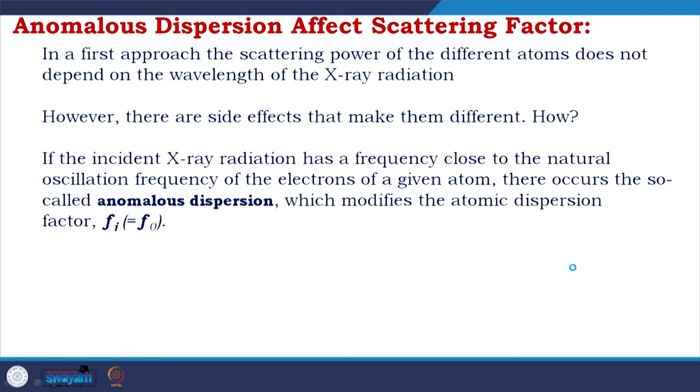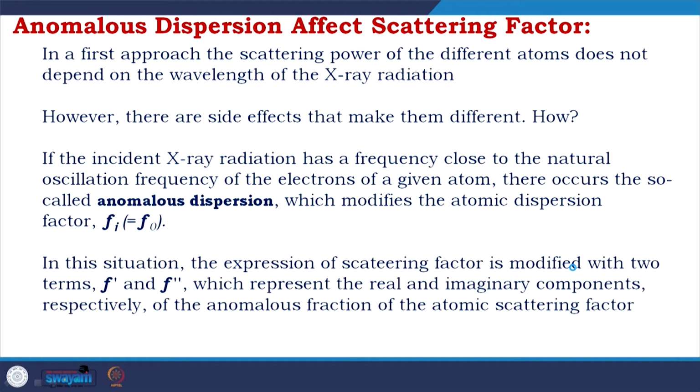How? If the incident X-ray radiation has a frequency close to the natural oscillation frequency of the electrons of a given atom, there occurs the so-called anomalous dispersion, which modifies the atomic scattering factor F. In this situation, the expression of the scattering factor is modified with two terms, F prime and F double prime, which represent the real and imaginary components respectively of the anomalous fraction of the atomic scattering factor.